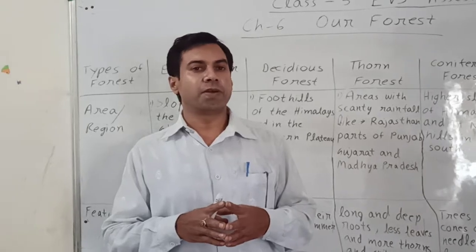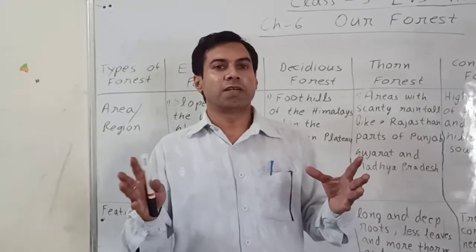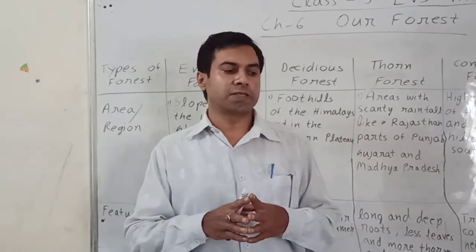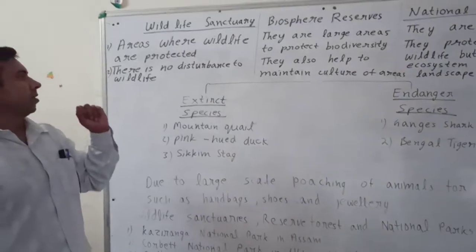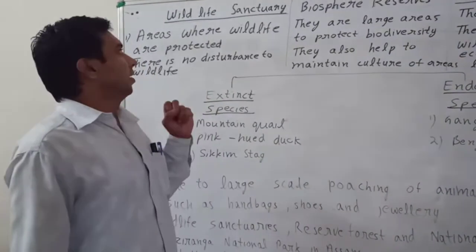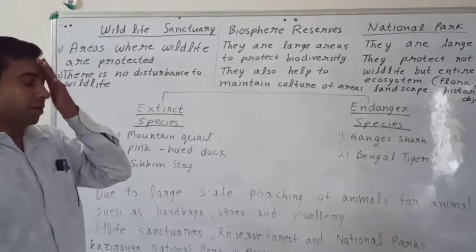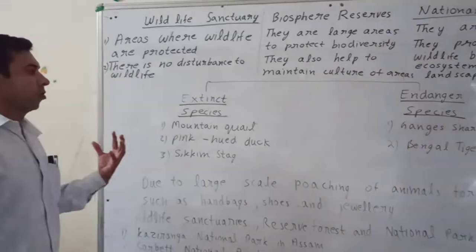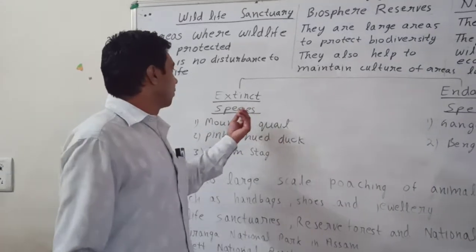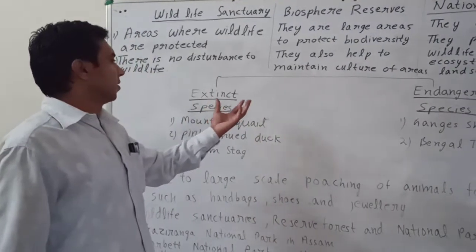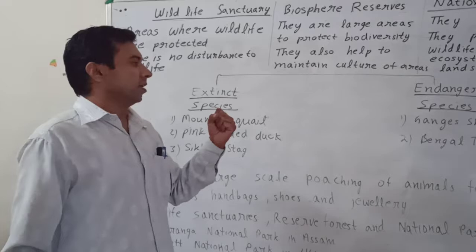In this way, we protect our endangered animals. Students, now what is a wildlife sanctuary, biosphere reserve, national park? These are to protect the species which are in endangered condition.